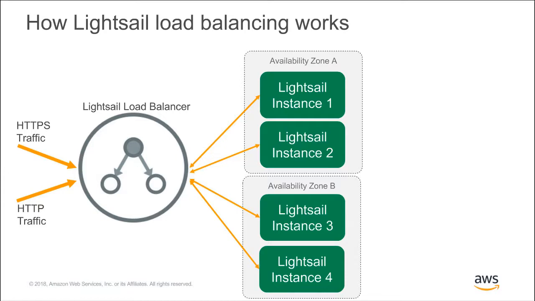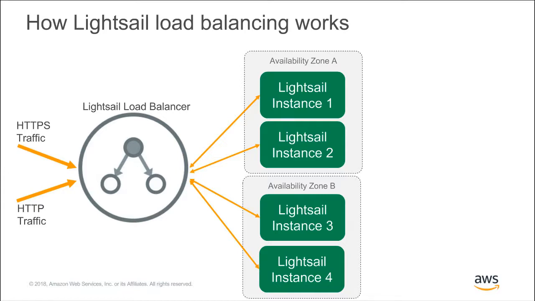So the first is that your Lightsail load balancer can be set up to accept HTTP or HTTPS traffic. For the HTTPS traffic, you're going to want to set up the certificates, and Gabriel's going to show you how that works in action. From there, the Lightsail load balancer handles all that traffic and will distribute it using a round-robin algorithm to the instances that are on the back end.